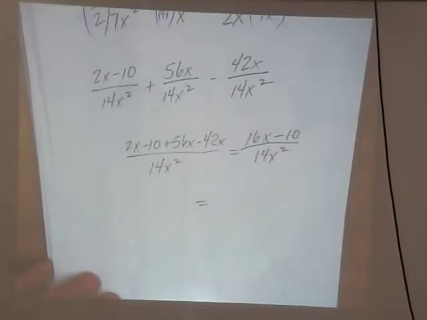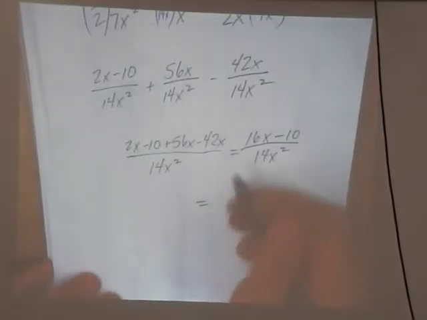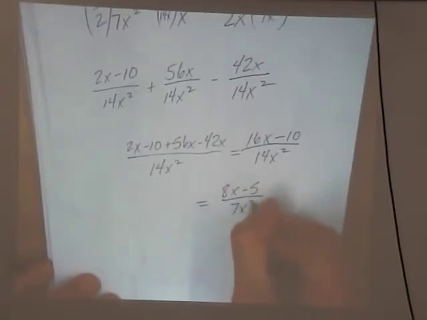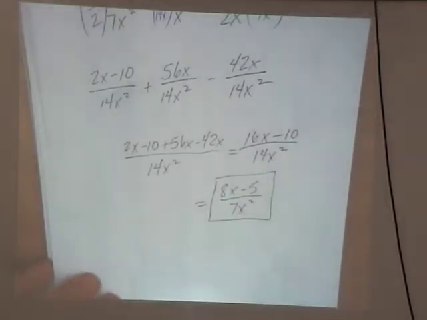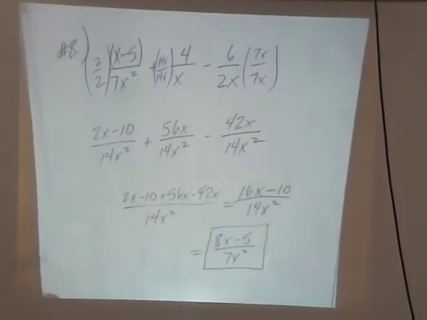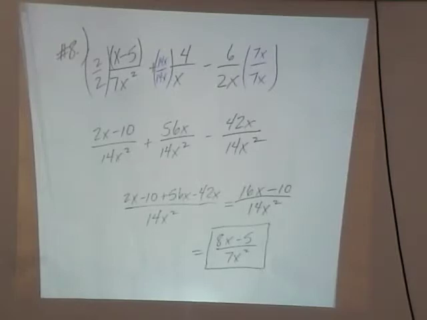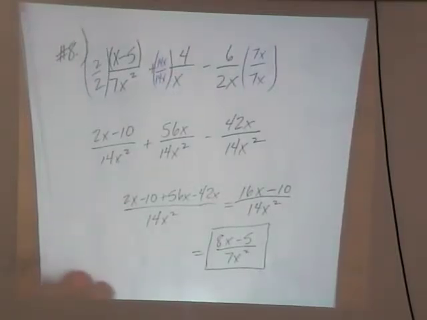And all those numbers can be divided by 2. So 8x minus 5 over 7x squared. Any questions on number 8? All right, number 9.